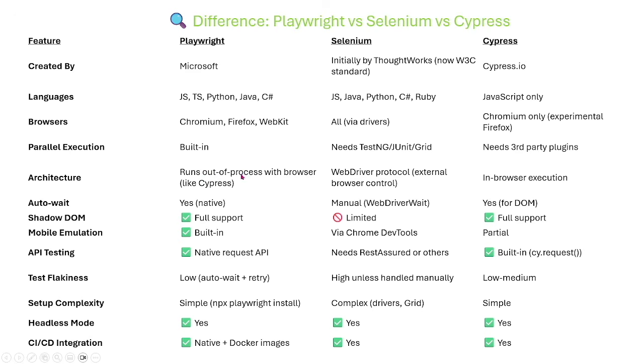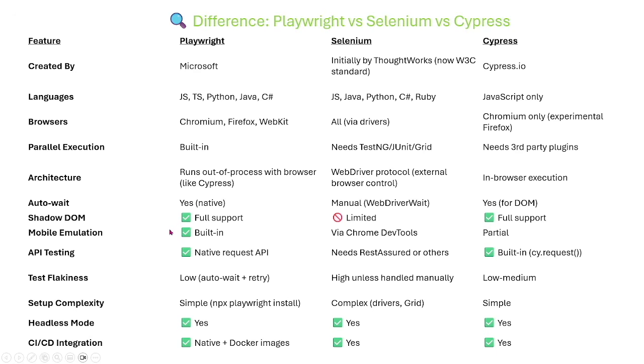Architecture: Playwright runs out of process with the browser. Selenium uses the WebDriver protocol for browser execution. Auto wait: Playwright has auto wait, Selenium needs manual coding, and Cypress is yes. Standard DOM support, limited support.